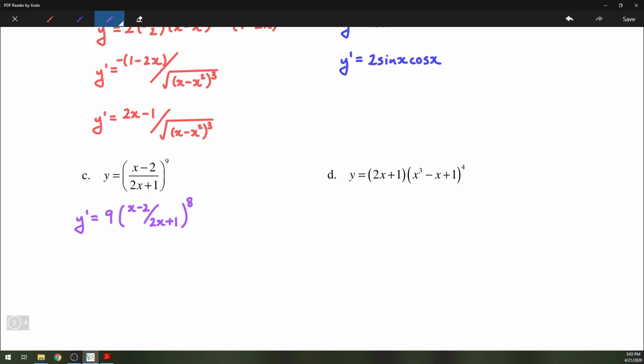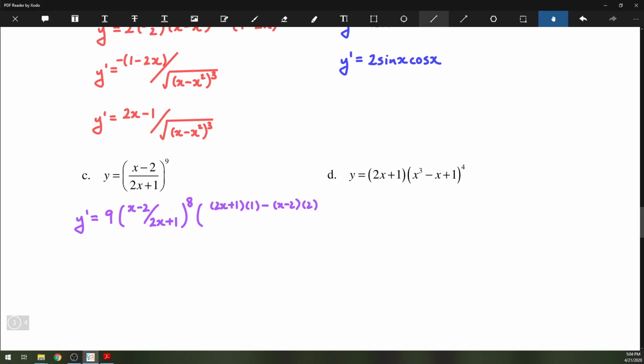And then you have to use the quotient rule for the inner function. So that would be, let's see, 2x plus 1 times 1 minus x minus 2 times 2, all over 2x plus 1 squared.